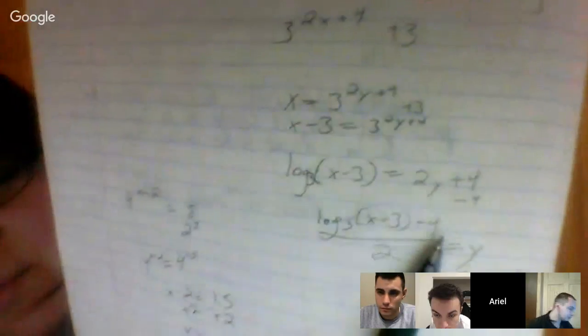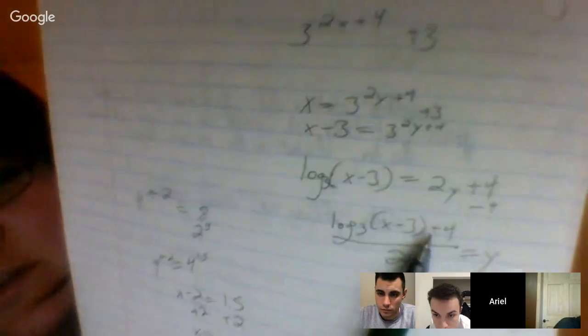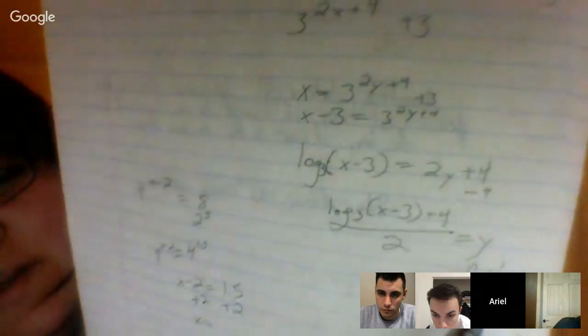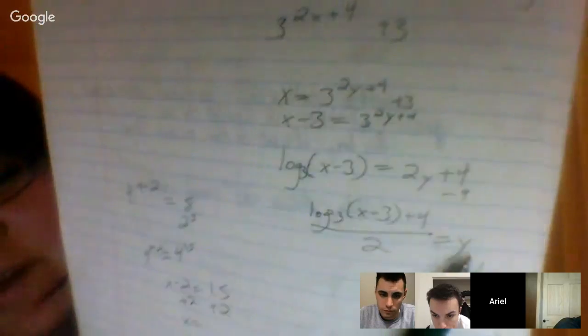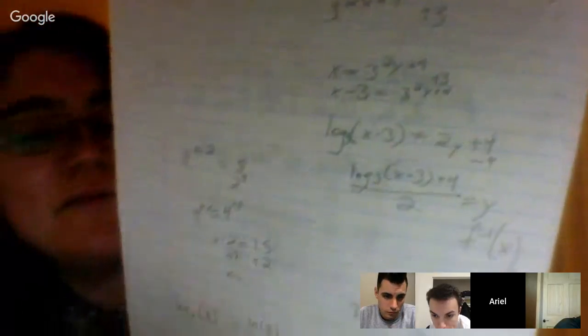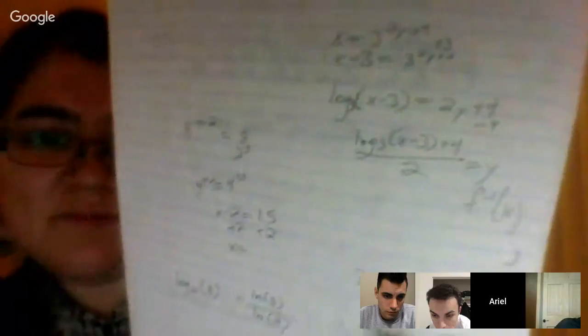Because I'm pretty sure that plus 4 gets excluded. And that's an inverse, not a y. But that's what I got. Not plus 4, it's a plus 3. No, it's a plus 4, yeah.